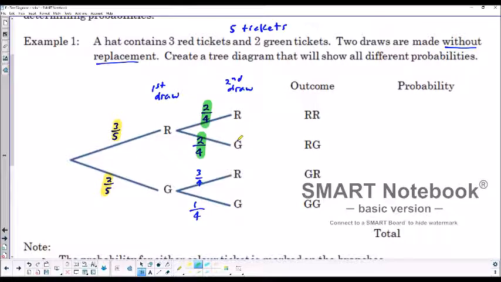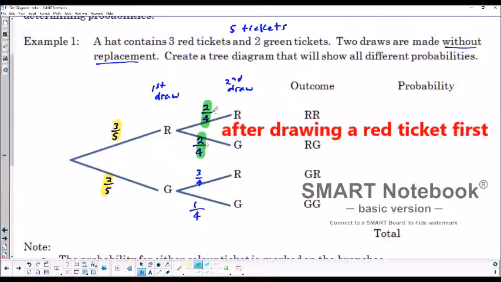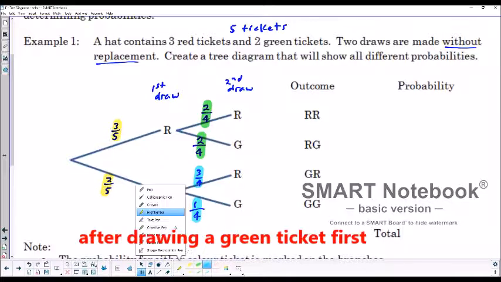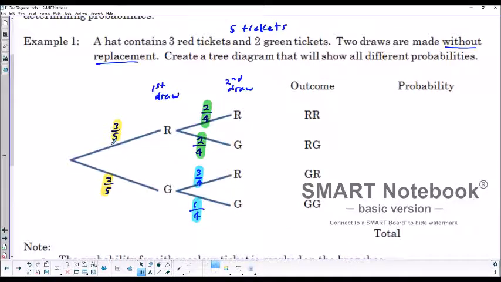Again, that's 1 of 2 and 1 of 2 in simplified form, meaning we will definitely be pulling a second ticket out of the hat. And 3 out of 4 and 1 out of 4 also equals 1, meaning we are definitely going to be pulling out a second ticket. Notice that those probabilities add together to be 1.